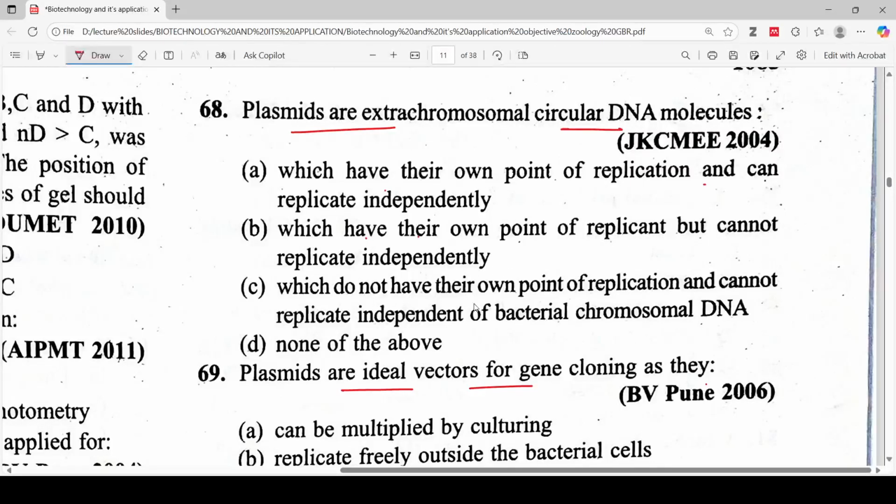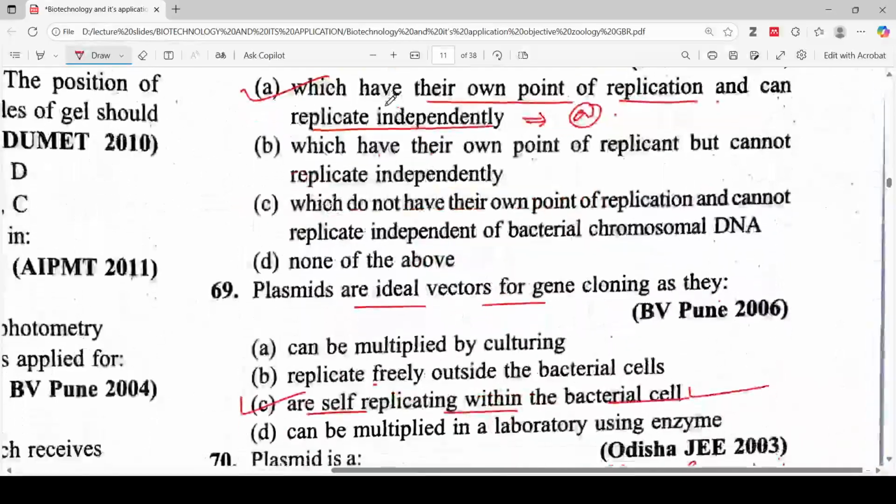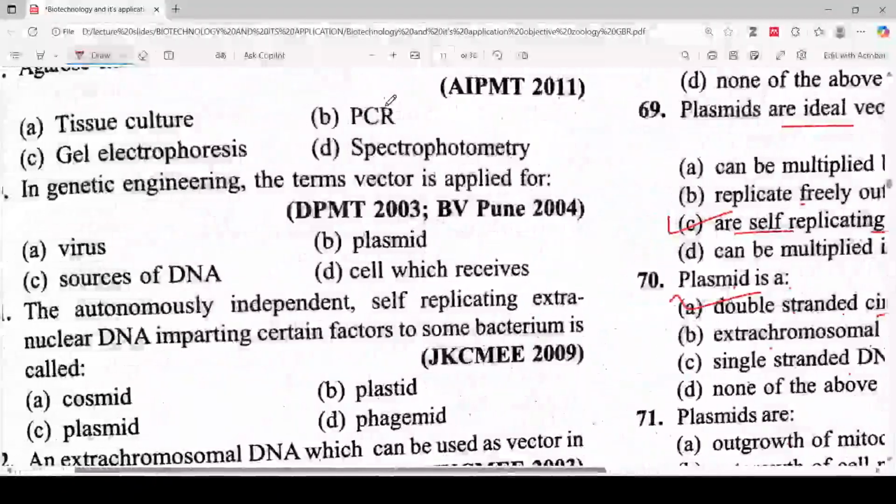Option C, which do not have their own point of replication and cannot replicate independent of bacterial chromosomal DNA. Option D, none of the above. So the correct answer is option A. Plasmids have their own point of replication and can replicate independently. Let's go to the next question.